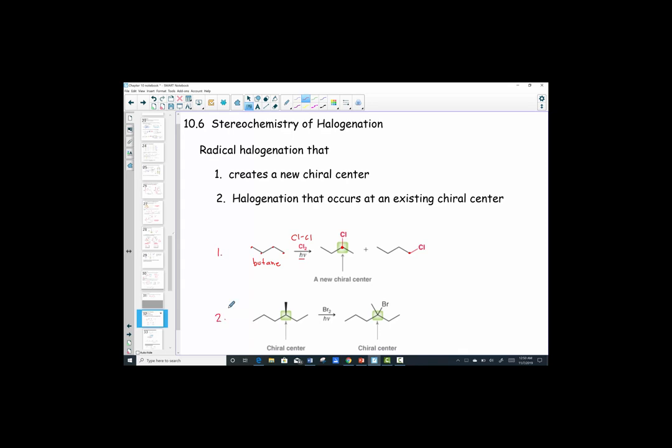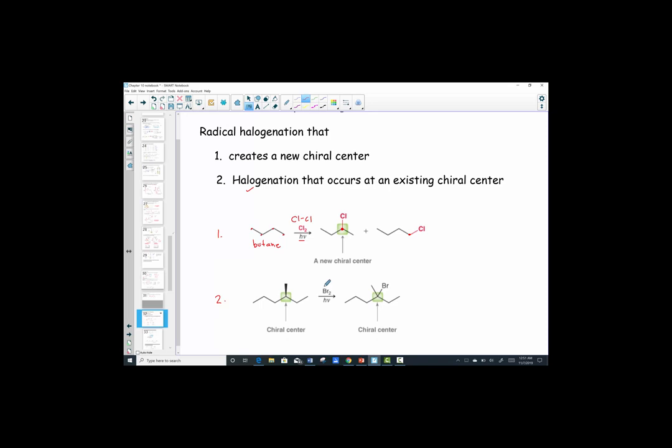That's an example of creating a new chiral center. And in the second example, halogenation occurs at an existing chiral center. So let's use bromine in this example. Diatomic bromine in the presence of energy. And again, bromine is very selective, so we're looking at this position because that would be a tertiary radical. But this is already a chiral center, right? This carbon is attached to 4 unique items. That's what chirality is.